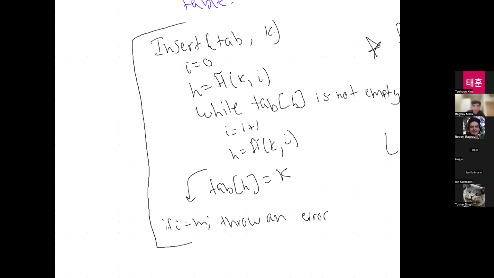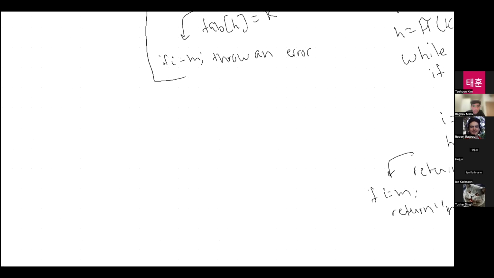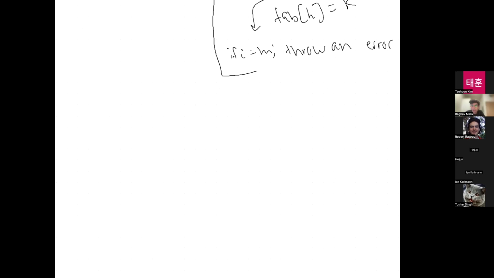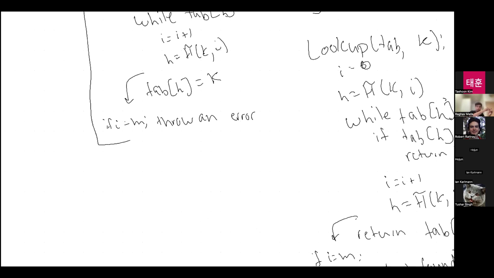What happens if you throw an error if a lot of things have the same h of k? So if a lot of different keys have the same hash, ideally, the first one goes in the right spot. The second one goes to the next probe position, right?